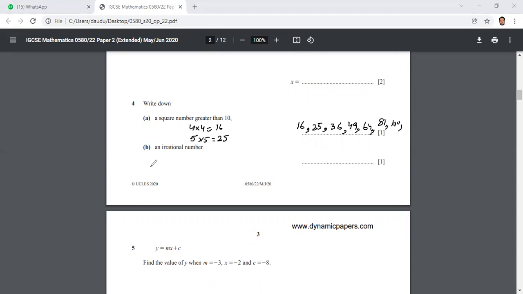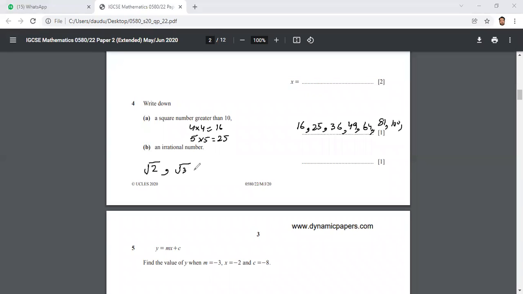Like 2. When you write square root of 2, that gives you an irrational number. If you check in a calculator the value of square root 2, you will get non-recurring, non-terminating decimals, and you are not able to change it into a proper fraction.